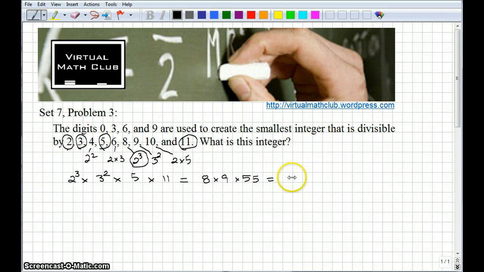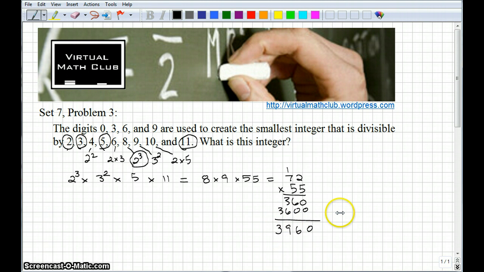And I guess I could say that is equal to 72 times 55, and I could compute that out. And I'll get 0, carry the 1, 35, that's 36. And I'll get 360 again, because I'm just multiplying by 5 again. If I add that up, I'm going to get 0, 6, 9, 3.